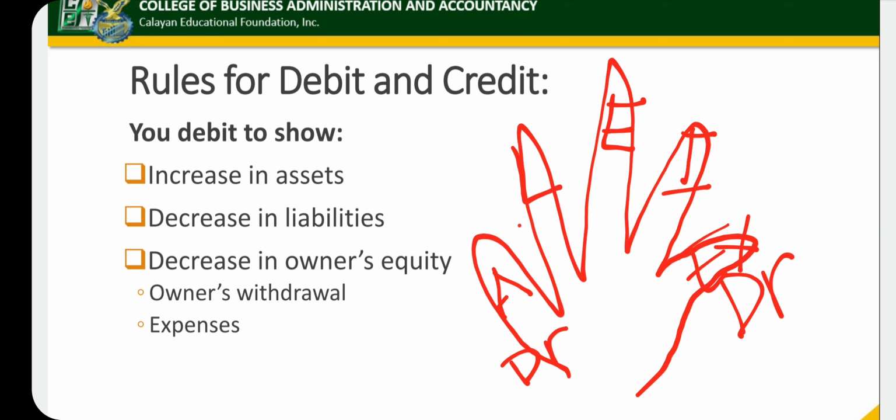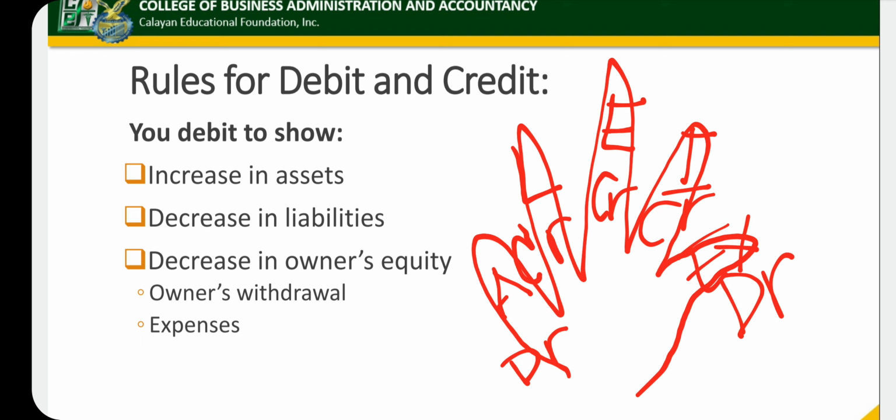Then the rest, the opposite of debit, which is credit. The liabilities, equity, and income, they all have credits as their normal balances. Okay? So, class, the rule is, you're going to follow their normal balances if in your analysis of business transactions, such accounts increase in value.